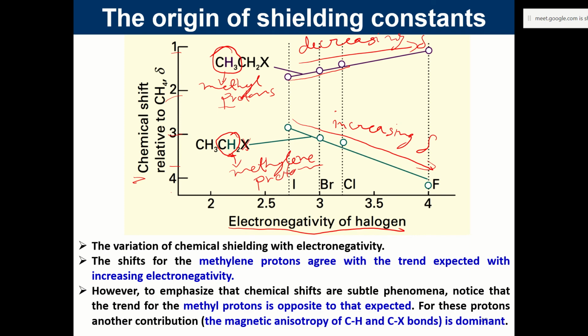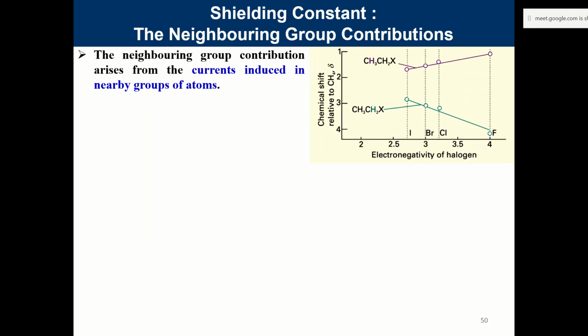However, the trend for methyl protons is opposite to what is expected, and it is related to the CH and CX bonds and their magnetic anisotropies, which is a dominant effect. Keeping this in mind, this is a neighboring group contribution that we are going to analyze.